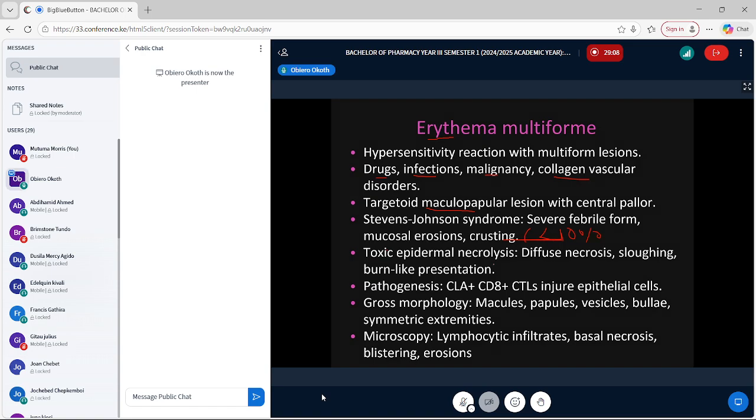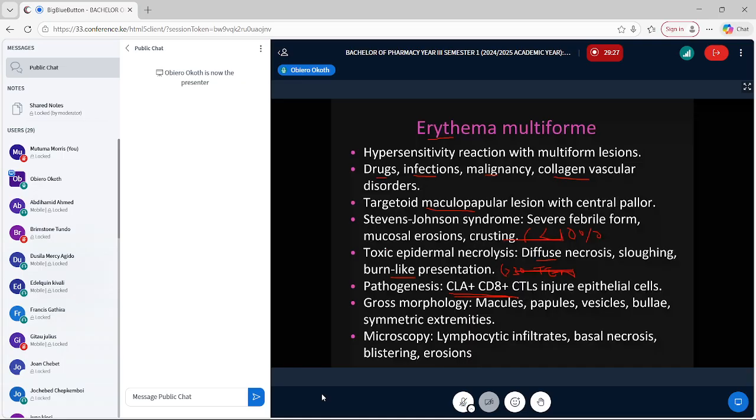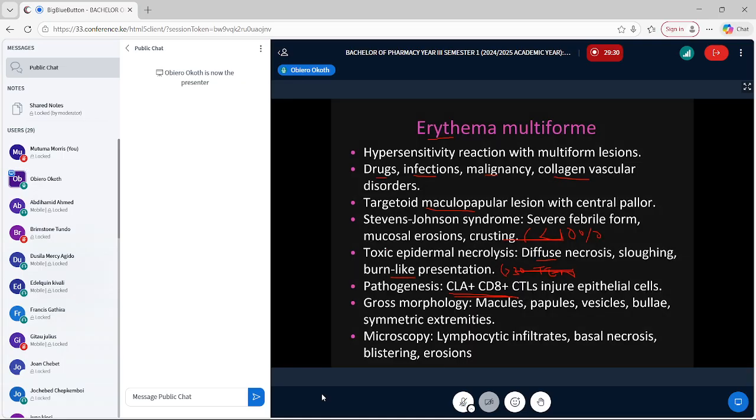Toxic epidermal necrolysis, there's necrosis, and there's a band-like presentation, meaning the involved area is more, more than 30%. And we think this is a cutaneous lymphocyte antigen positive CD8 T cell. This is a hypersensitivity reaction.